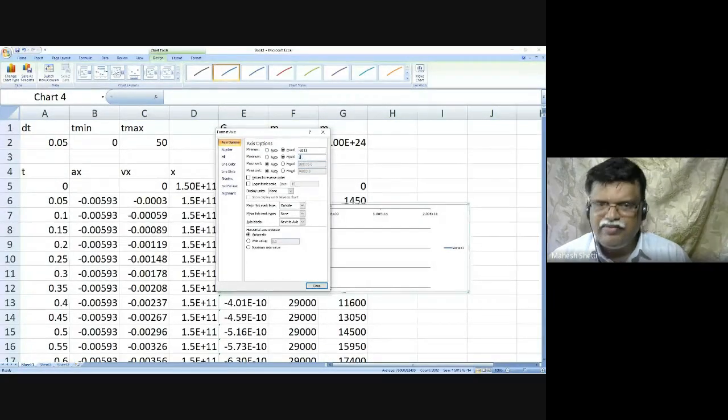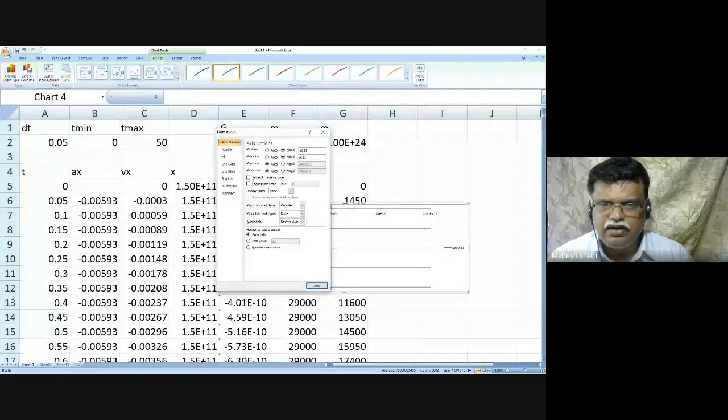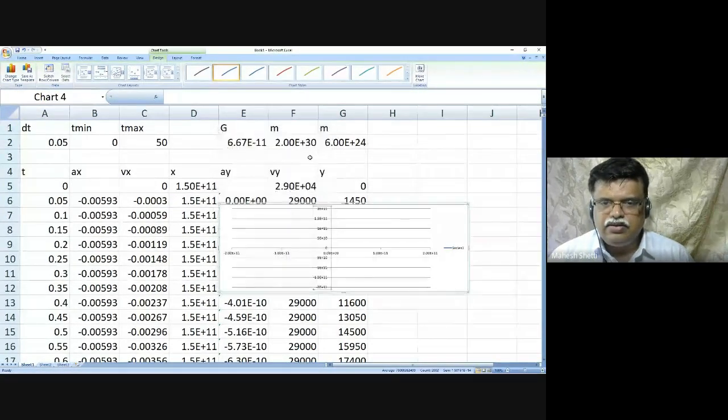Why I'm saying 2E11: basically it is 1.5 into 10 raised to 11, the distance of Earth from Sun in SI units, in meters. So I'm keeping this range.